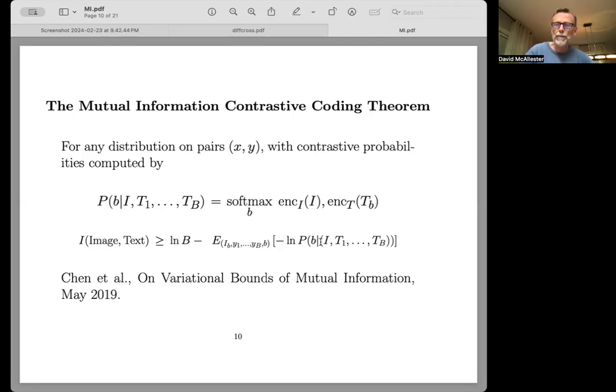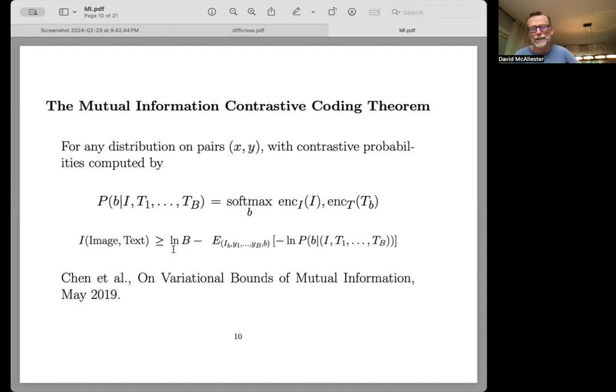The log of the probability is 0. And this theorem says that the mutual information between the image and the text is at least the log of the batch size minus the loss. So as the loss goes to 0, the mutual information can approach the log of the batch size.